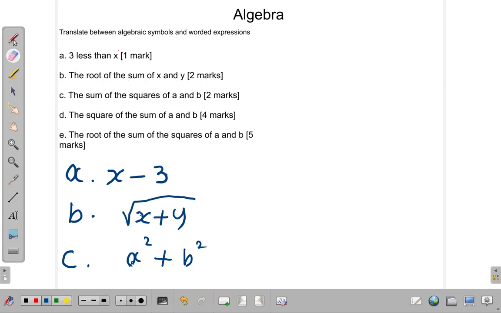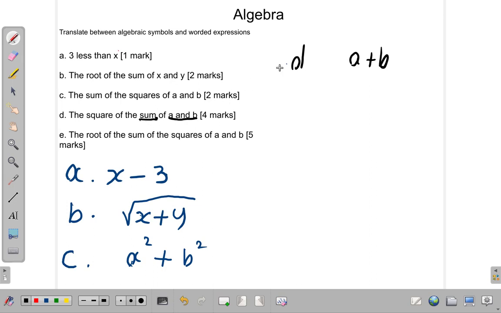Let's look at D for 4 marks. Let's do D up here. For D, the square of the sum of A and B. Alright, the sum of A and B. A plus B is the sum of A and B. The sum means you add A and B. It is A plus B. The square of that.